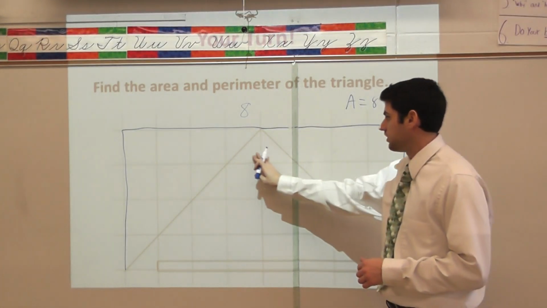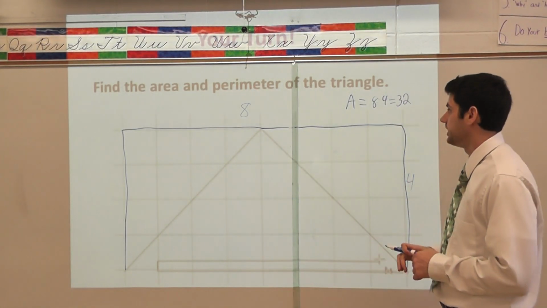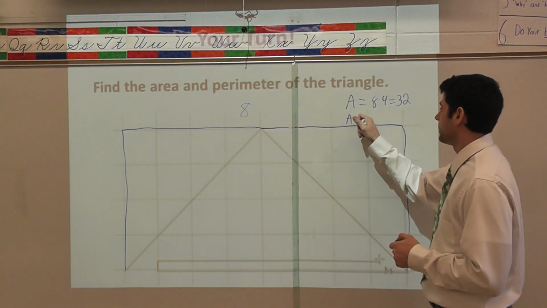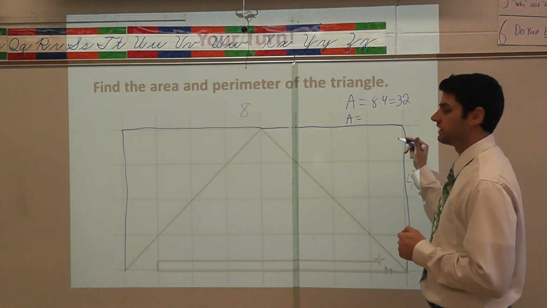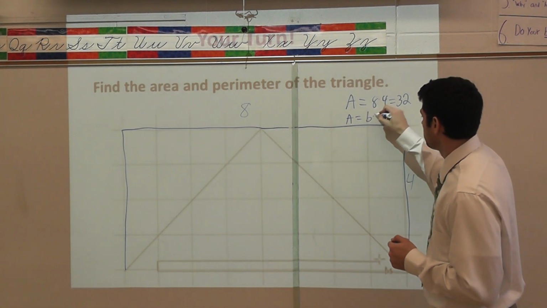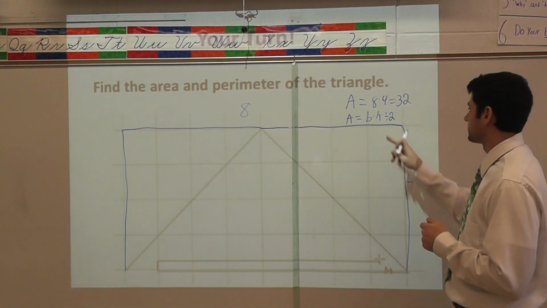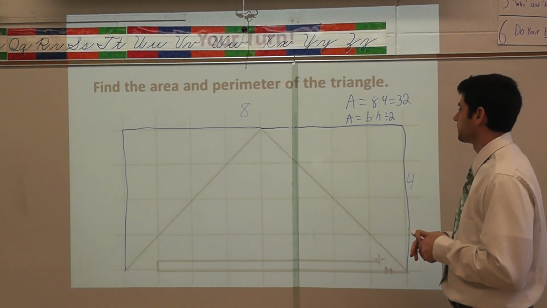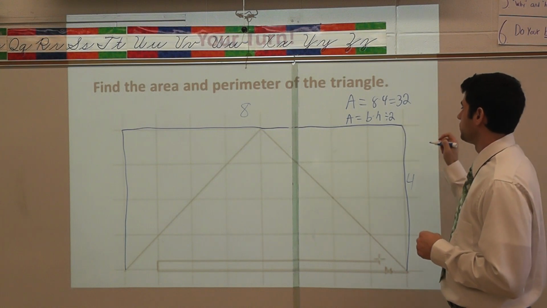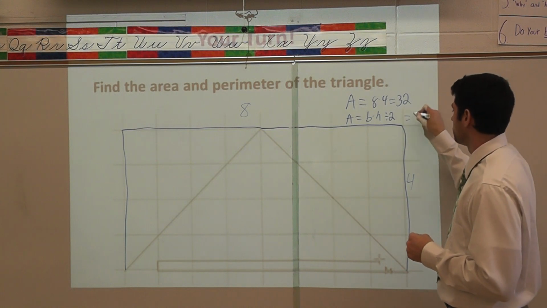But I just want to know what this triangle's area is inside here. So I'm going to find the area of the triangle by doing, like last time, base times the height divided by 2. The base times the height would be 8 times 4 divided by 2, so 32 divided by 2 is going to be 16.